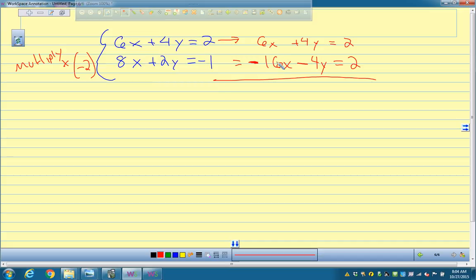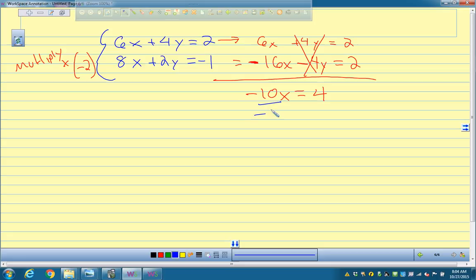What's 6x plus -16x? -10x. And what I set out to do was eliminate those. And I get 4. Do I get 4? Did I mess up? I don't think I messed up. Oh, I get some ugly looking answer. So I'm going to divide by -10.